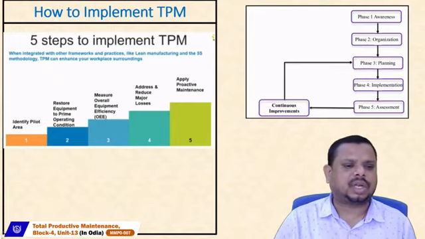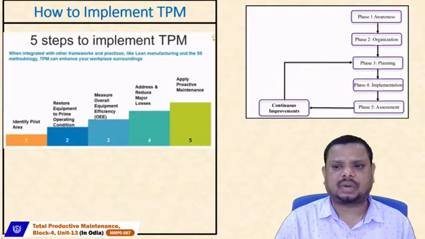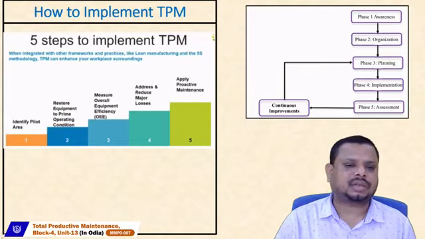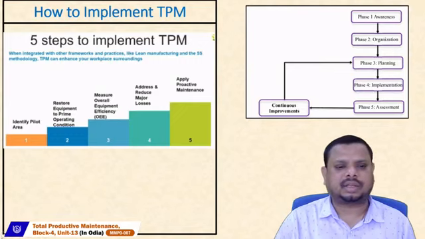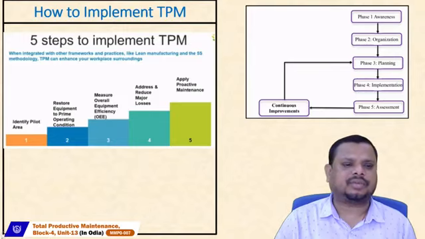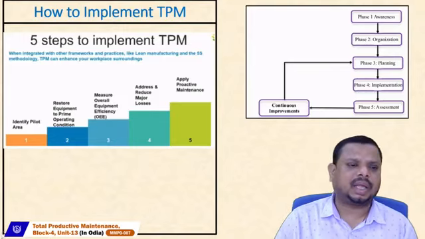Then measure the overall equipment efficiency, which is shortly known as OEE. Then address and reduce the major losses. And next, if they find any kind of difficulty, then immediately apply proactive maintenance. So these are the 5 steps to implement total productive maintenance in organizations.